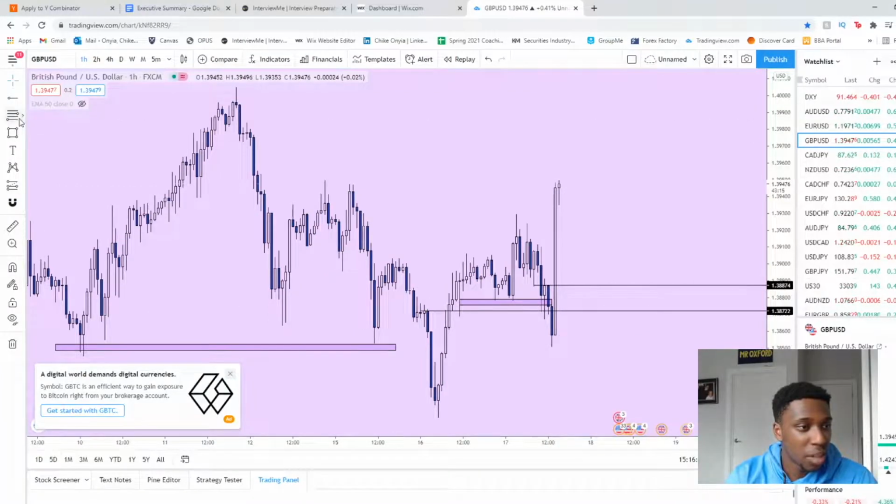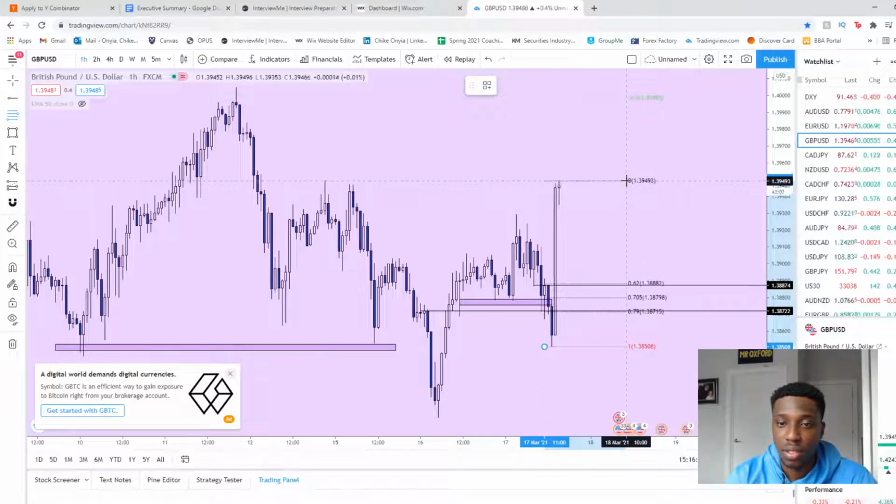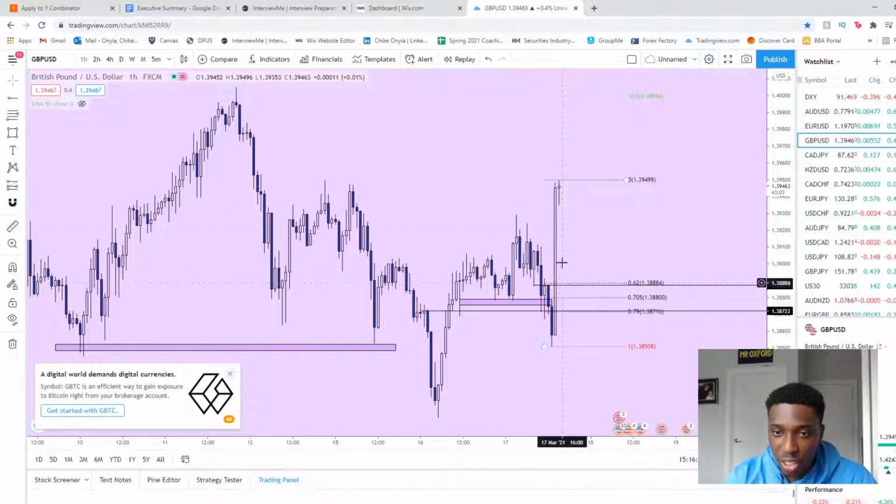Or you can also apply ICT concepts. Use this OTE Fibonacci formula. Drag from bottom to top. And you can see that this 62 level matches very well with the open of this bearish action.